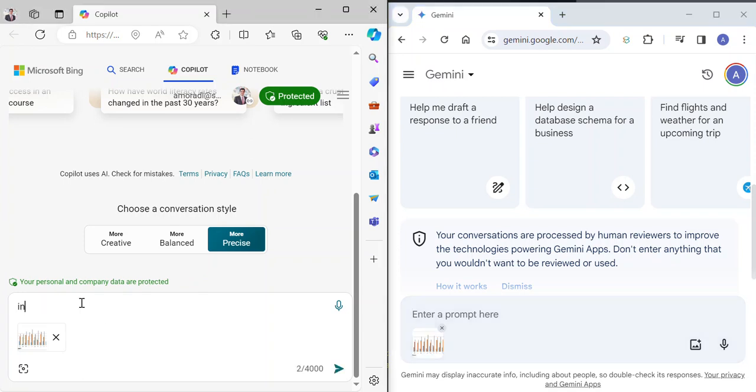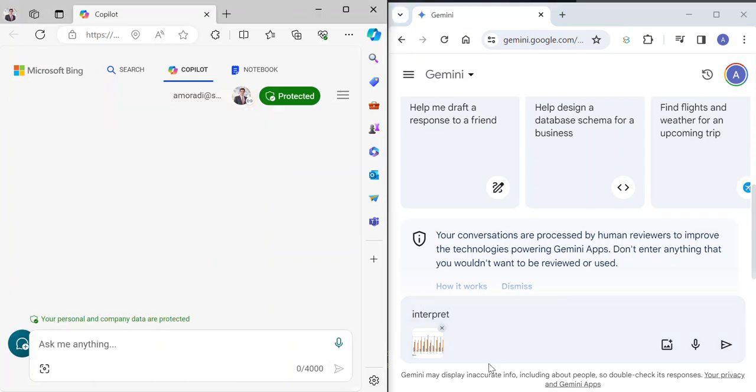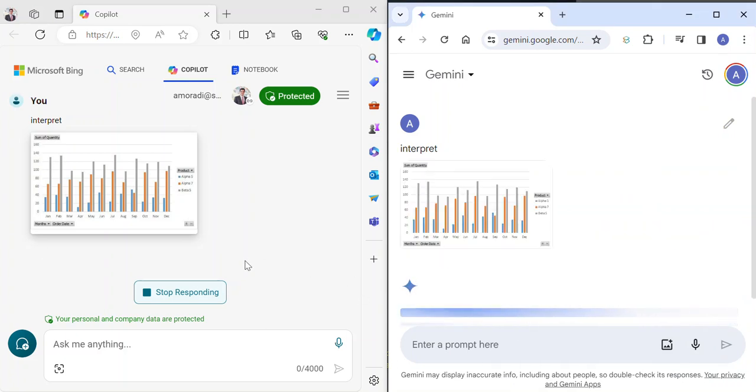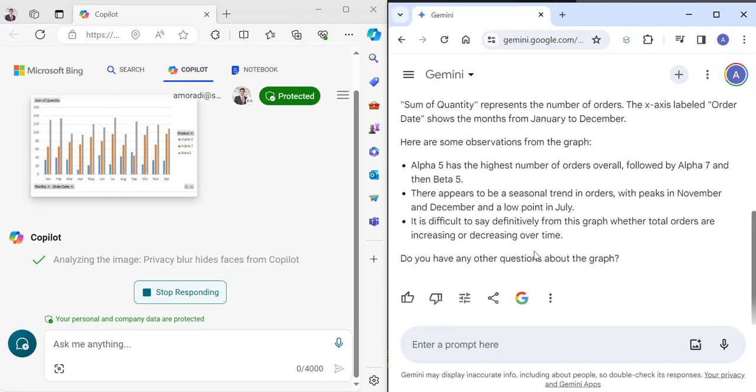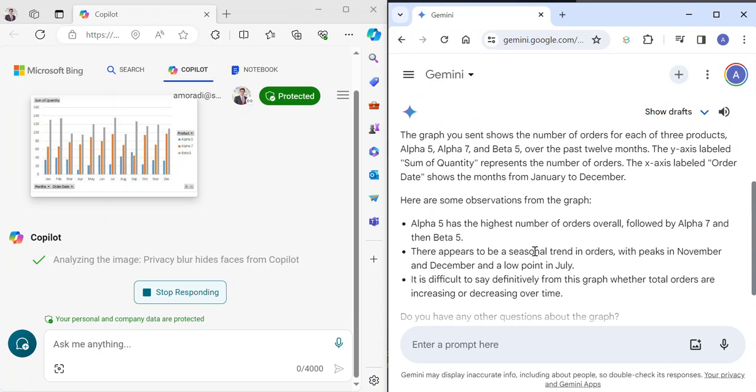Simply drag it in now. Now let's see which one can perform this task quicker. Gemini was quicker in terms of providing information.